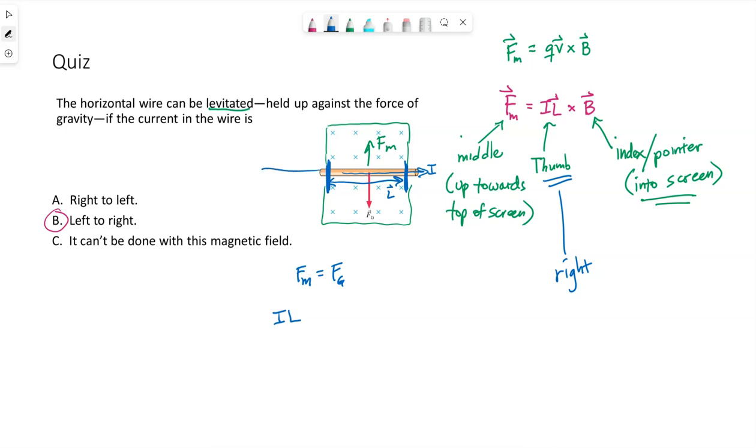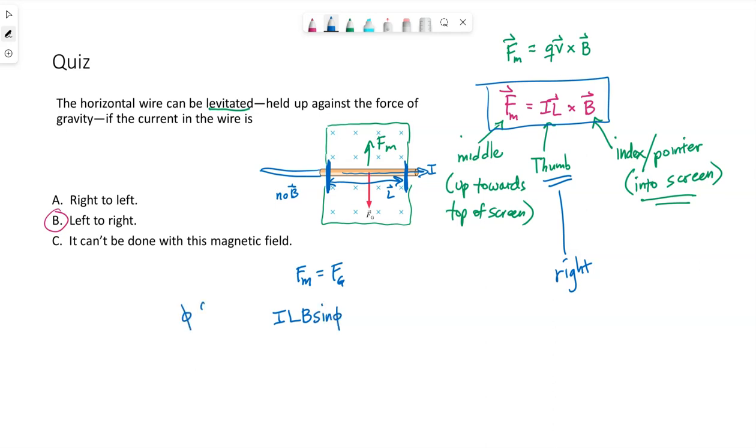Any wire extending out, if there's no field out here, then we don't care about the length out there. It's only the portion of the wire that's actually in the region where the magnetic field exists. So that's ILB. In the equation up here, the magnitude would be ILB sine of phi.